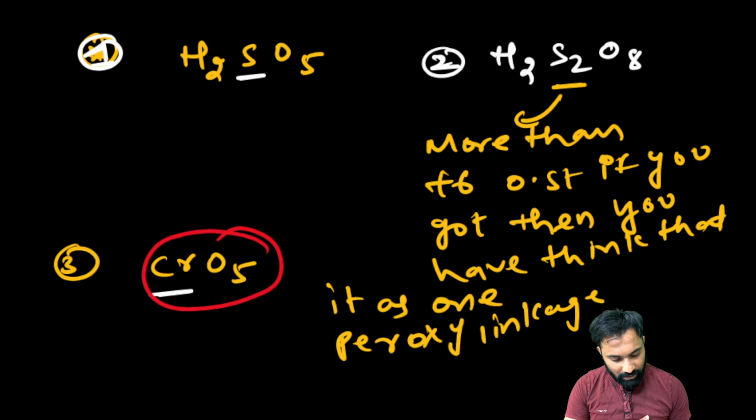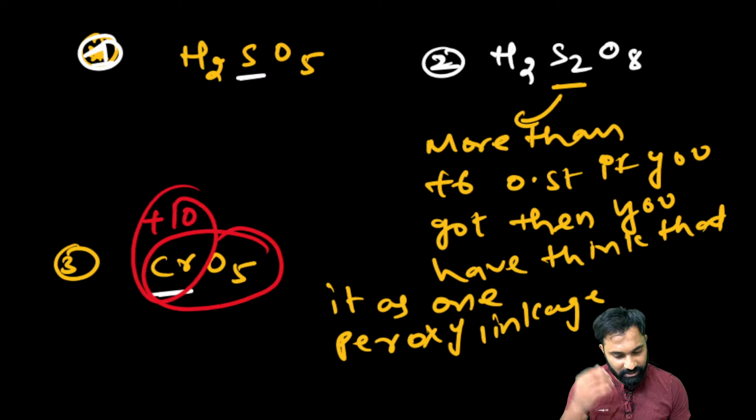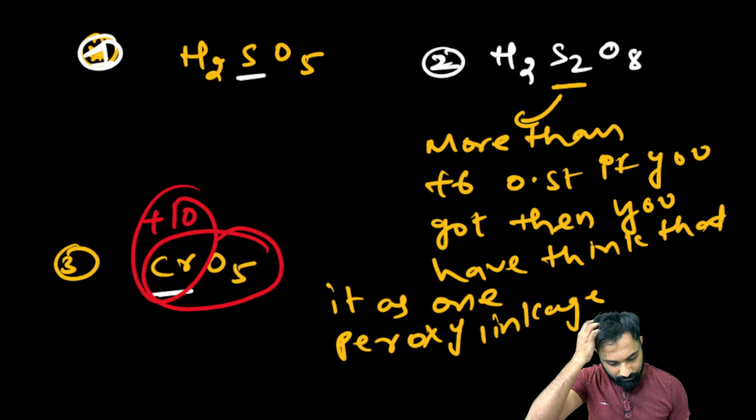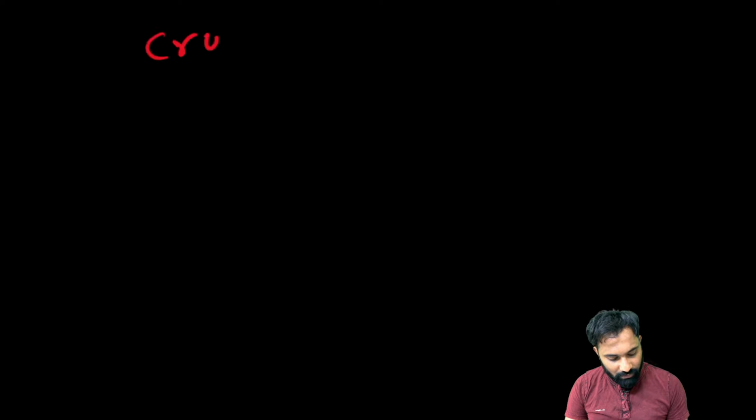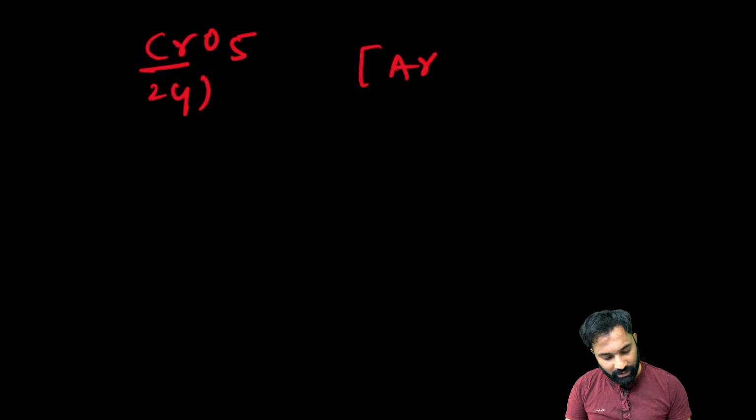CrO5: if you calculate, you will get an oxidation number of +10. But chromium's maximum valence electrons are 6. How? Chromium's atomic number is 24, and its electronic configuration is 4s1 3d5.